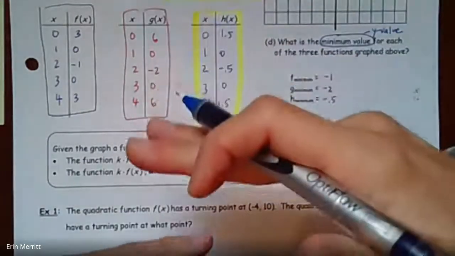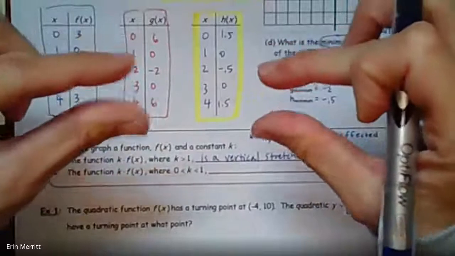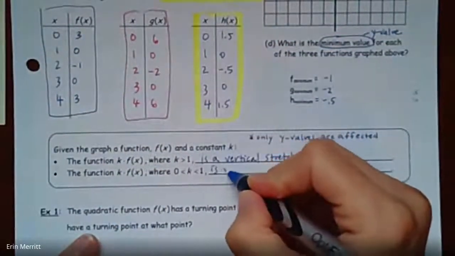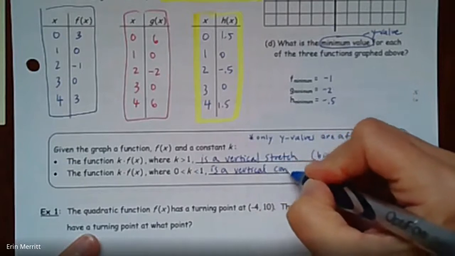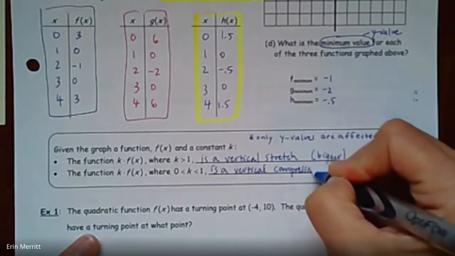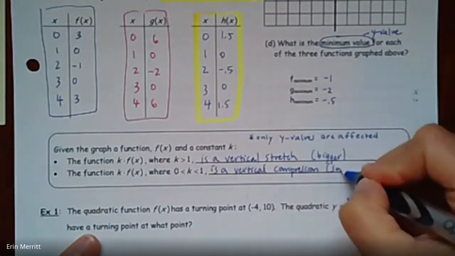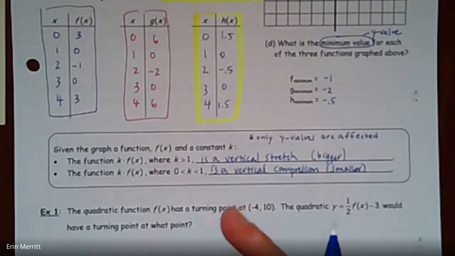So you're like smushing the graph in. It's like pinching it, right? Now, both of those are dilation. Dilation is just the changing of a size. So calling it a stretch versus a compression is just talking about how that size is changing.